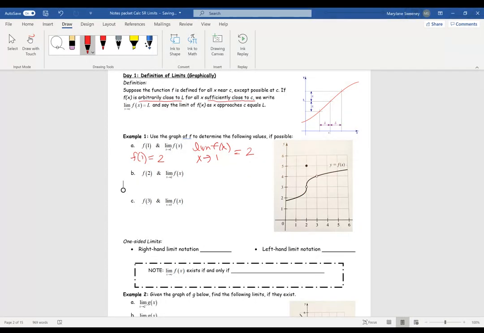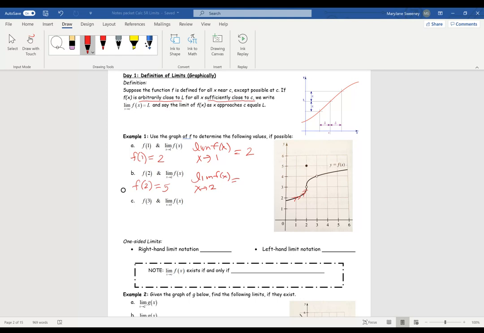Now in the next one, f of 2 is the exact y value when x is 2, which is 5. The limit of f of x as x approaches 2? Well, as I approach 2 coming from the left, so right before I get to 2, if I'm at 1.99999, where are my y's approaching?